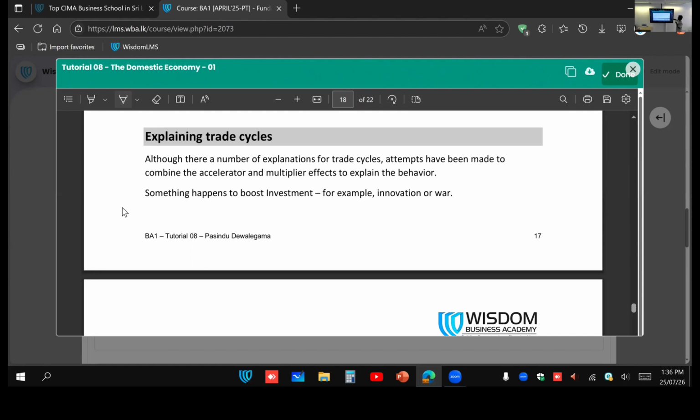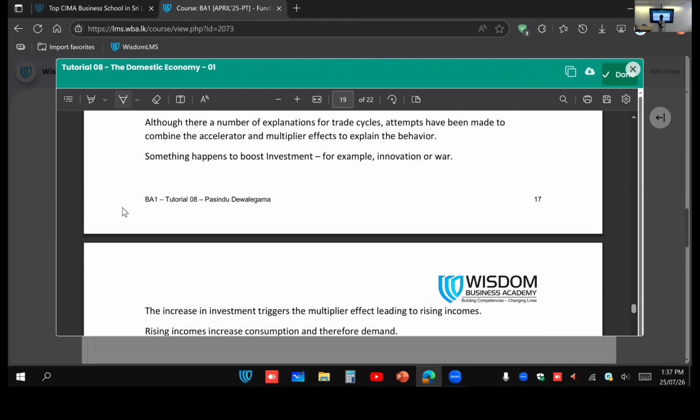Then explaining trade cycles, right? So all these are theory, guys. I can't actually help it. Just support me. All this information is just a matter of reading, right? So I'm like, after lunch, Saturday evening, you all are seated like this for 3 hours, explaining this without a single diagram.